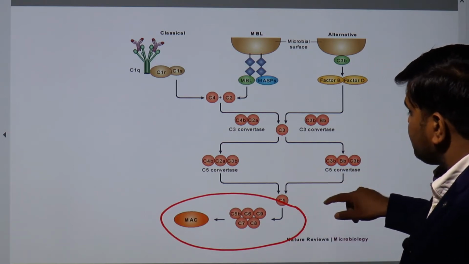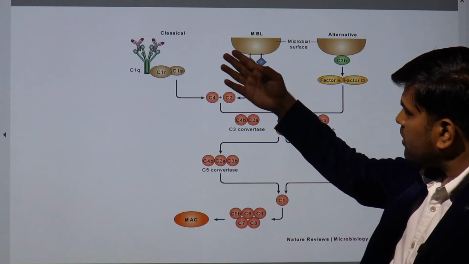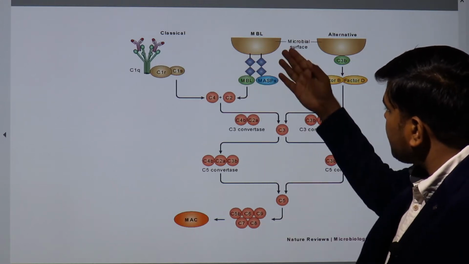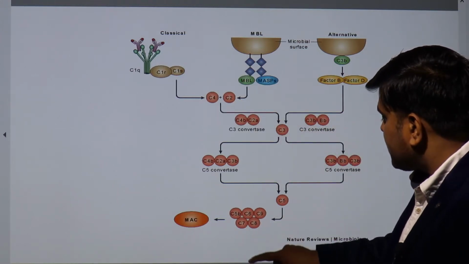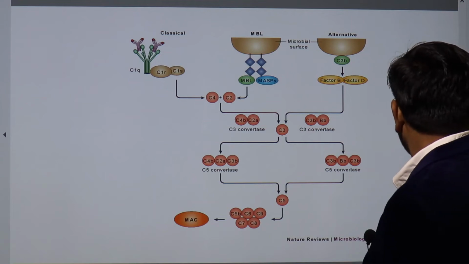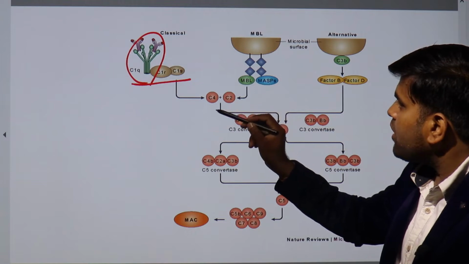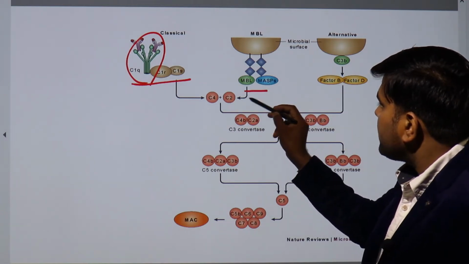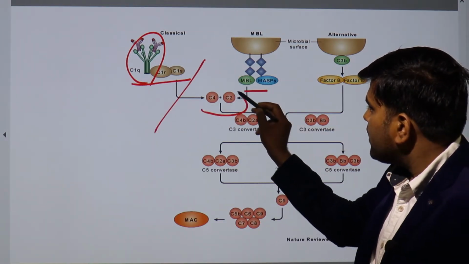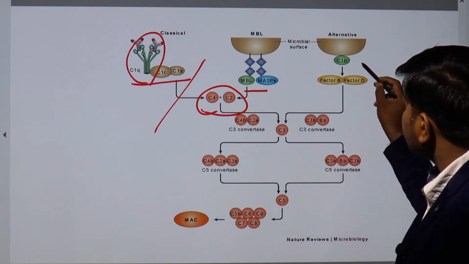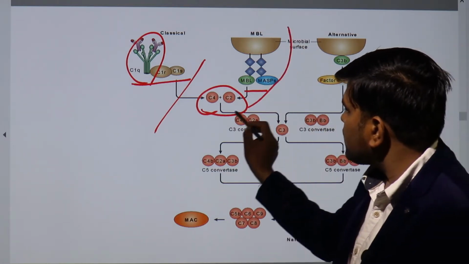Okay, so we have known about the classical pathway and the MBL pathway. In the classical pathway, it was the antigen antibody and C1 QRS. In the MBL pathway, they don't require QRS, they activate directly, and in the alternative pathway, even this portion is not required.